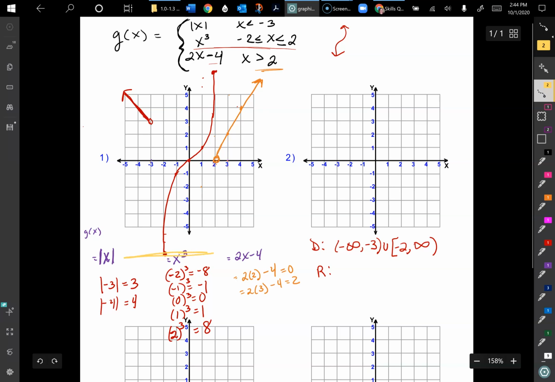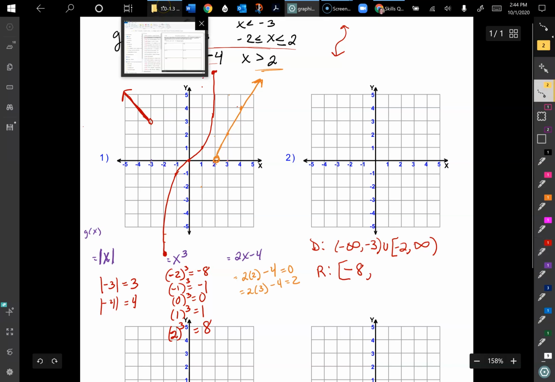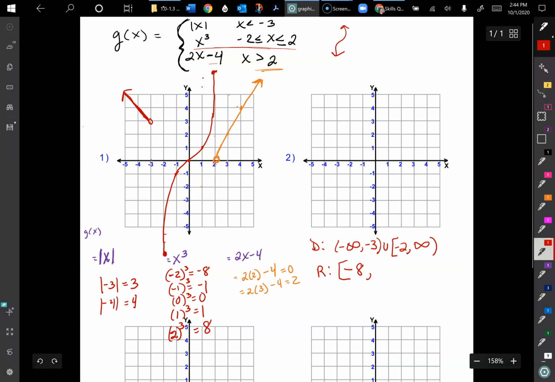So my lowest is going to be this negative 8. But then, and it's included, so I do a bracket, but it goes all the way up to infinity. And we never bound infinity, you just put a parenthesis.